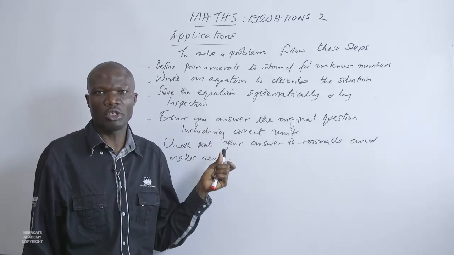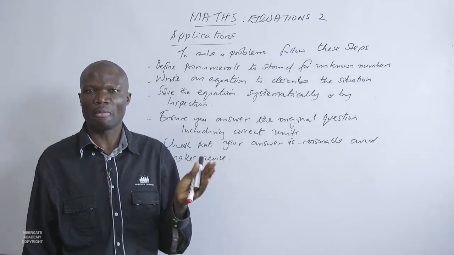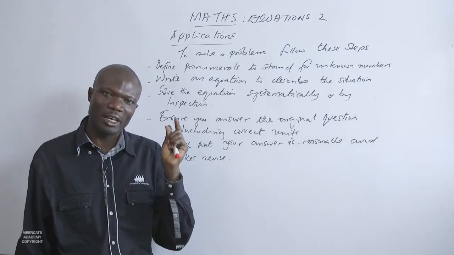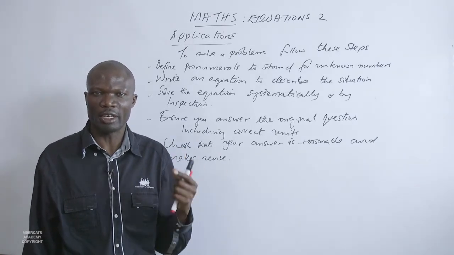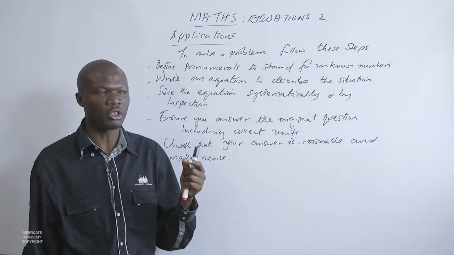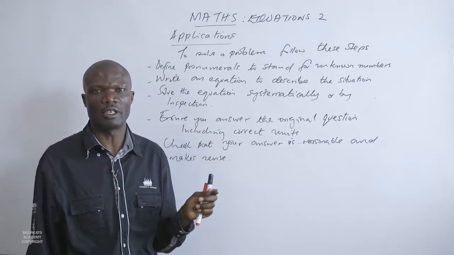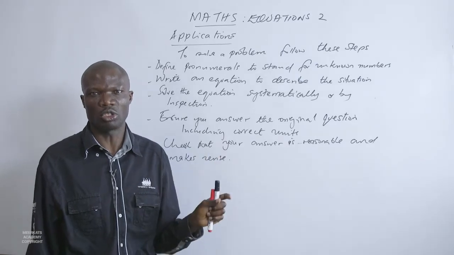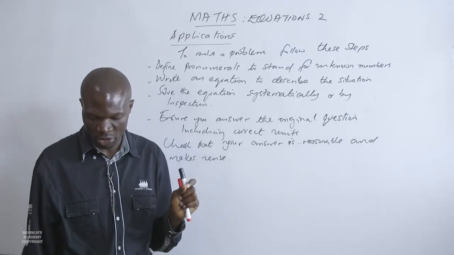In the situation we are going to come up with, we assign the pronumerals, write down the equation, solve it, and check our answers. That is the approach we are going to take by looking at all those steps I've listed above. So we shall consider those steps as we go about solving these equations.